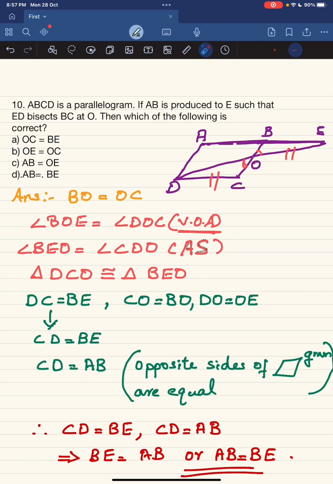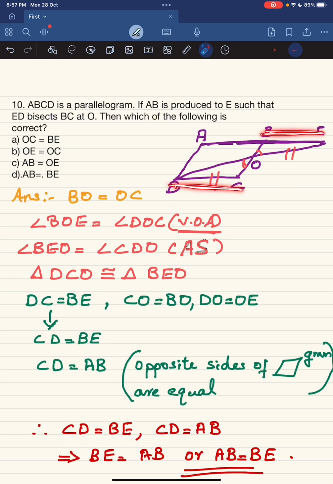Now if these two triangles are congruent, we know each side of the first triangle is equal to the corresponding side of the second triangle. So from this we got DC is equal to, what is the corresponding side of DC?